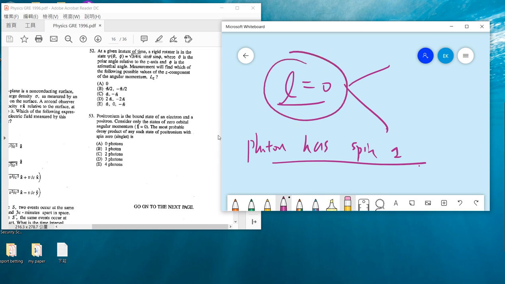So if your orbital momentum is 0, then you at least need spin 1 to make angular momentum conservation. So the answer is just 2 photons, to conserve the angular momentum or the total spin.